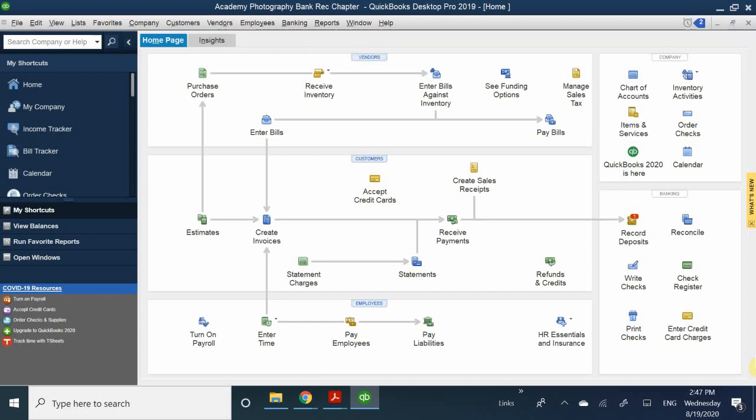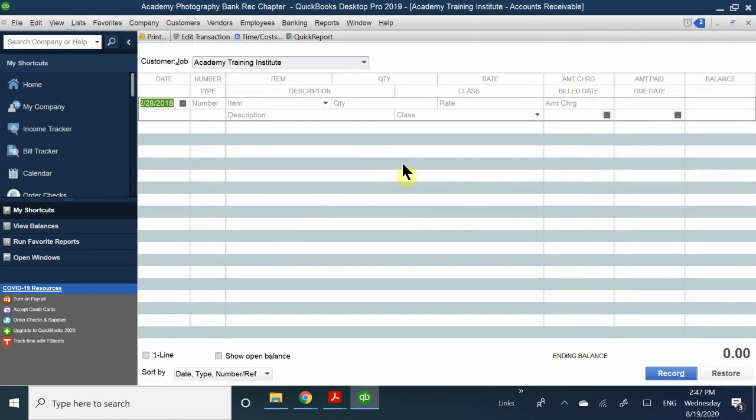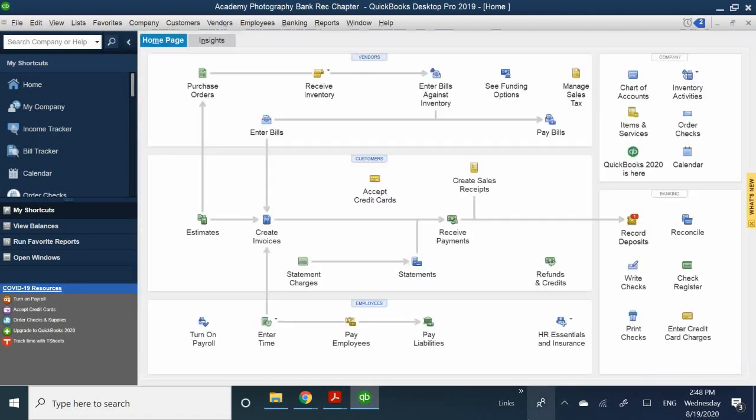Oh, it's right here. Enter statement charges. Now, let's click it and let's explore. Can you enter in a service charge in here? No. So what this statement charges is, it's for your customers. It's for charging them.